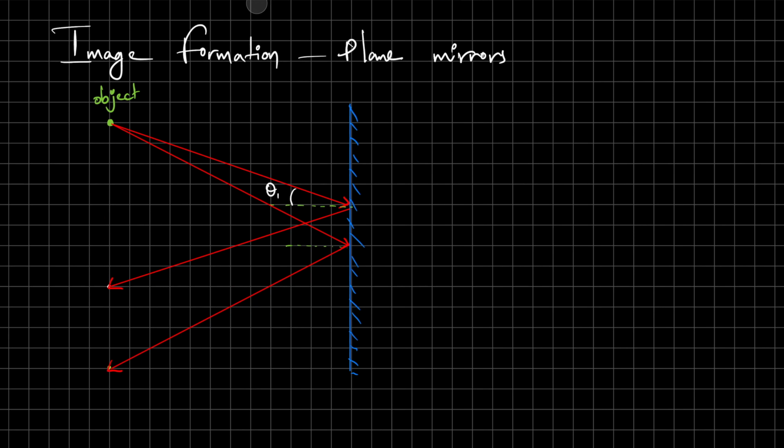These rays are coming to our eyes. So we are looking at the mirror from here. These two reflected rays are coming to our eyes, but our brain thinks these rays were traveling in a straight line, so it creates an image at the back of the mirror.